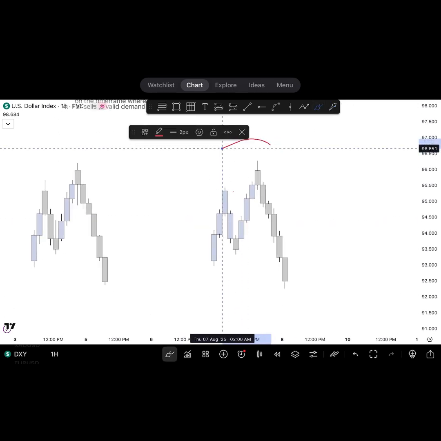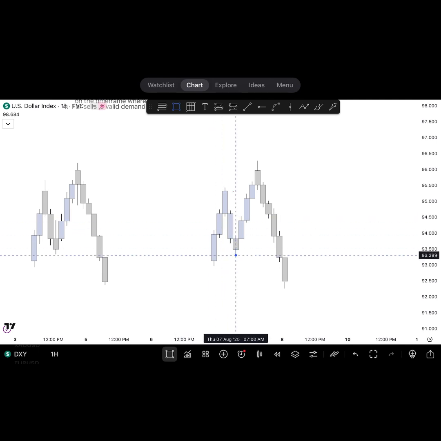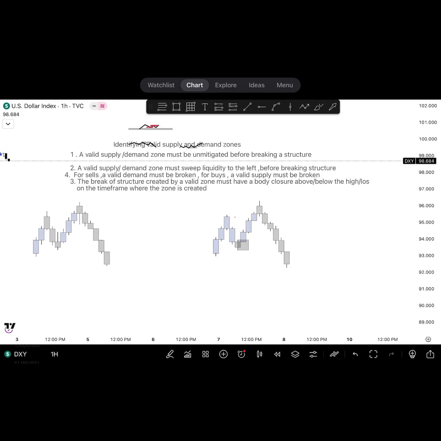Look at this particular chart right here. The demand zone in this schematic has not been mitigated. Can you see? This is the demand zone right here. It has not been mitigated, right?